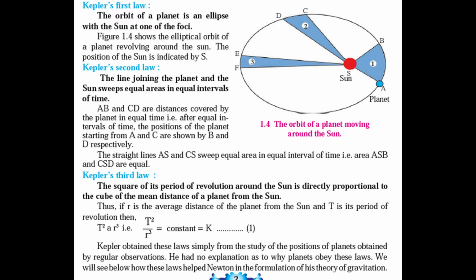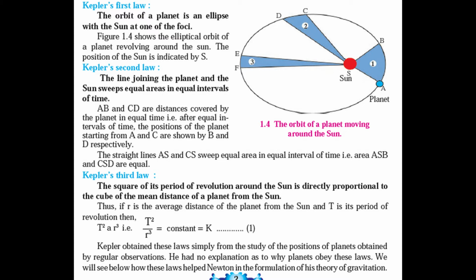The straight line from A to S and from C to S, these 2 lines sweep, that means they travel equal area in equal interval of time, that is the area ASB, which is area 1, and area CSD, which is area 2, are equal.